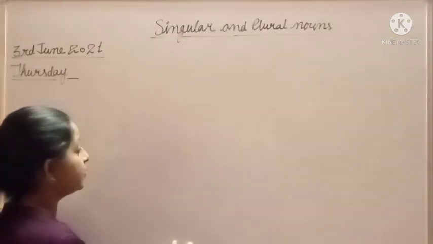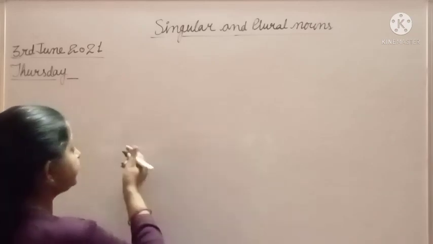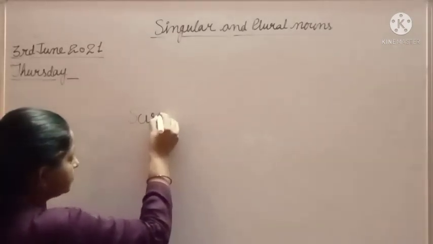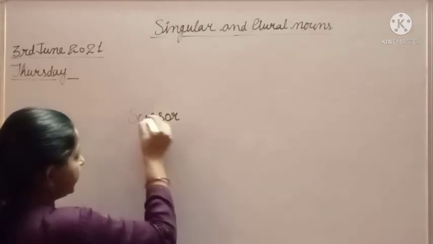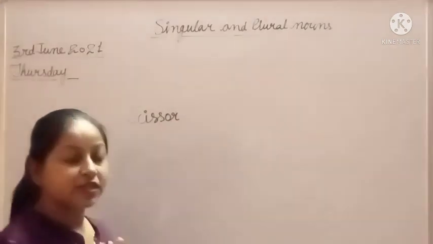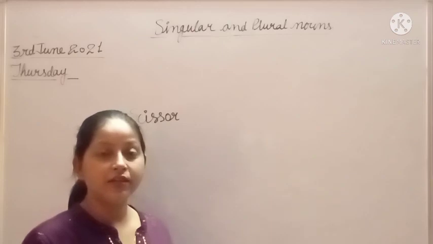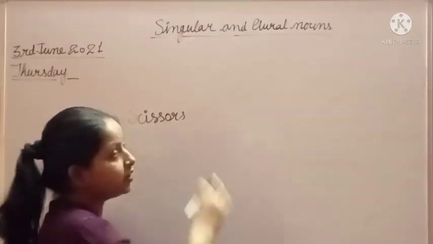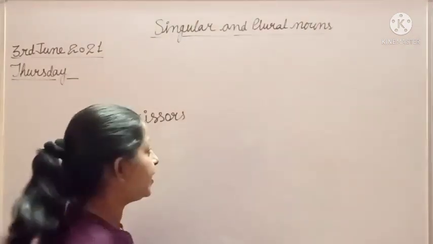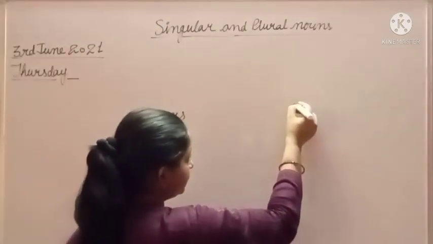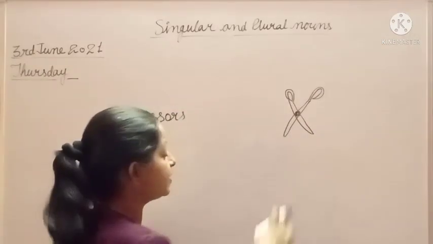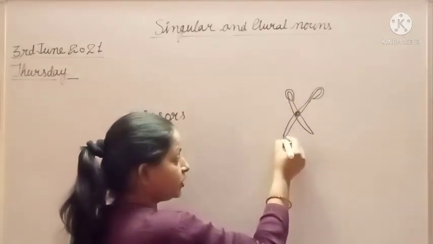Some nouns do not have plurals. Like scissors. Scissors are always in pair. Because scissors के two blades always pair में होती हैं.